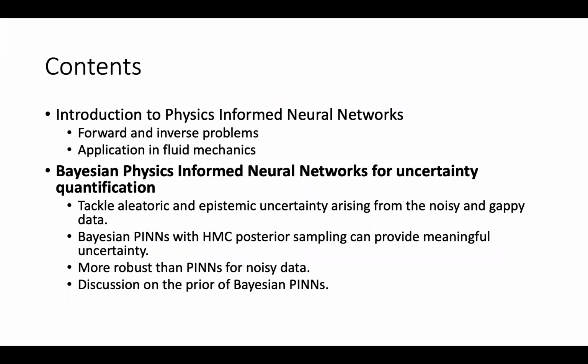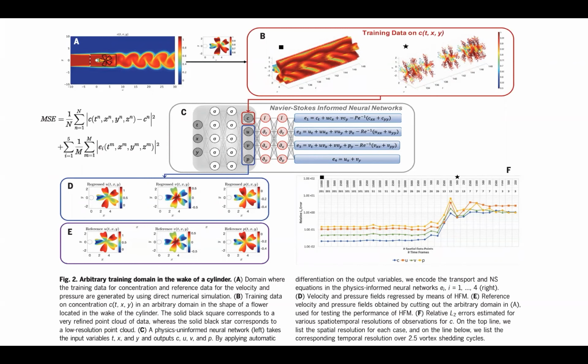Okay, Liu, now I have one more question. Yeah, sure. When you're optimizing the neural net, trying to minimize the loss on the training set, are you training on both the variables C, U, V, and P, as well as the mean square error, or only on the mean square error? Oh, basically we only have data on C. So this term is the data loss, but we don't have data on U, V, and P. That is something we don't know.